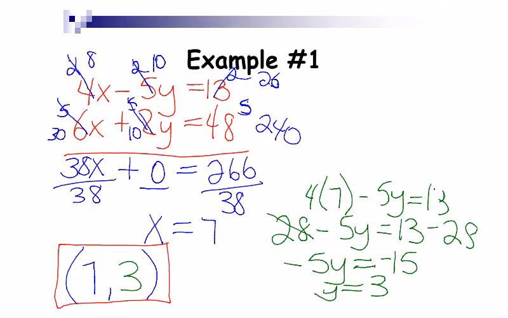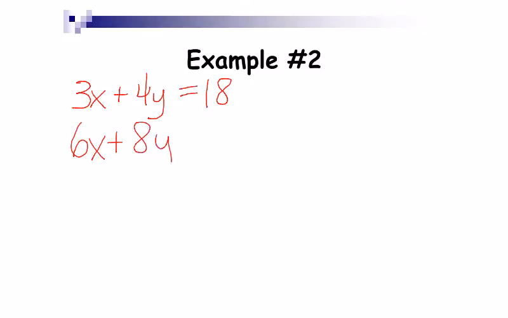Okay, let's do example number 2. Example number 2 is 3x plus 4y equals 18. And the second line is 6x plus 8y equals 18.